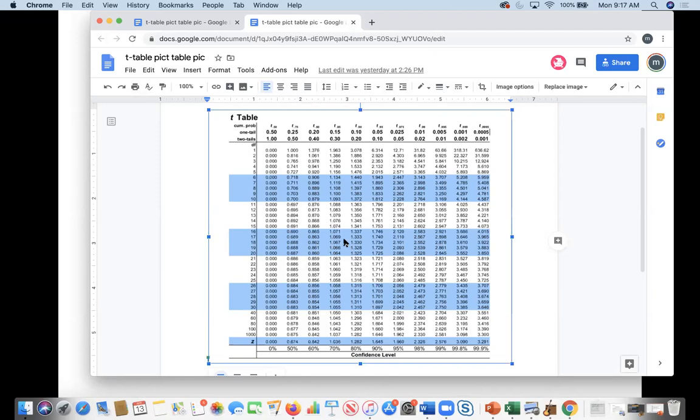We've dealt with critical Z values before. This is something that I told you to commit to memory. If we're doing a two-tailed test with alpha equals 0.05 and we're doing a Z test, the critical z is plus or minus 1.96. That critical z, 1.96, means that 2.5% of the area is to the right of 1.96, and 2.5% of the area is to the left of negative 1.96.